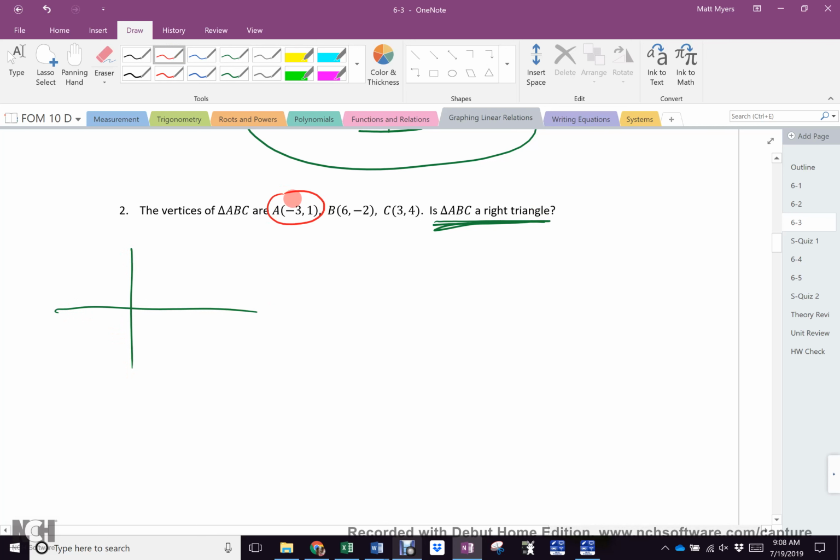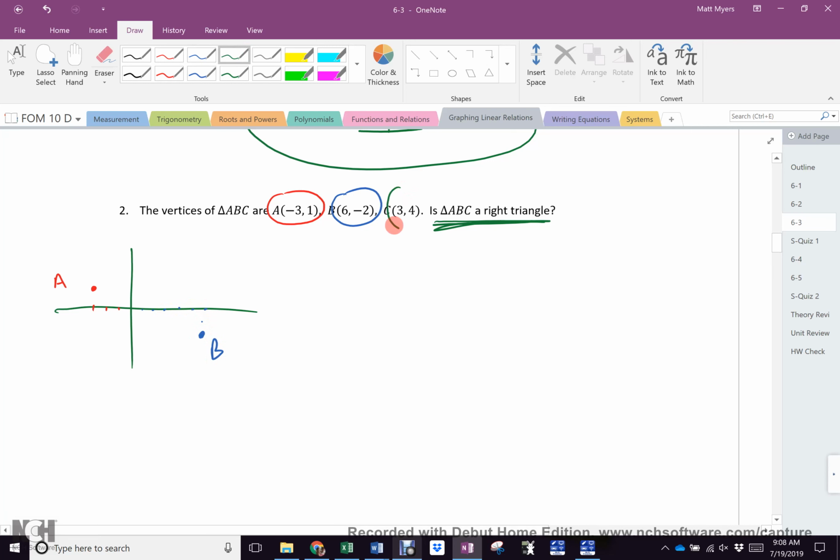Where is point A? -1, 2, 3, and up 1. Everyone agree? There's point A. Point B. 1, 2, 3, 4, 5, 6, and down 1, 2. Everybody agree there's B?